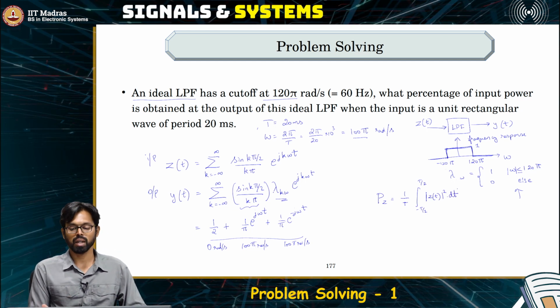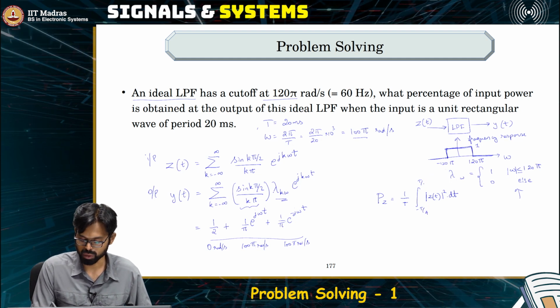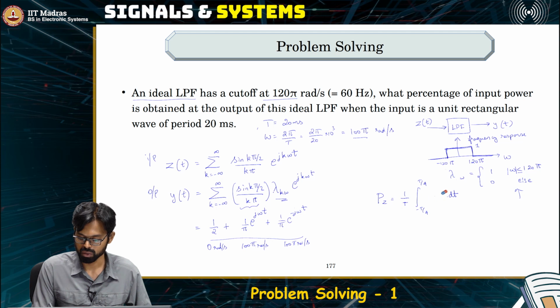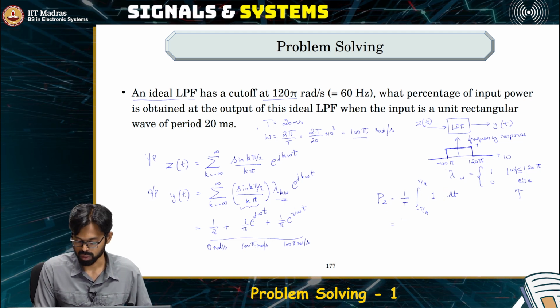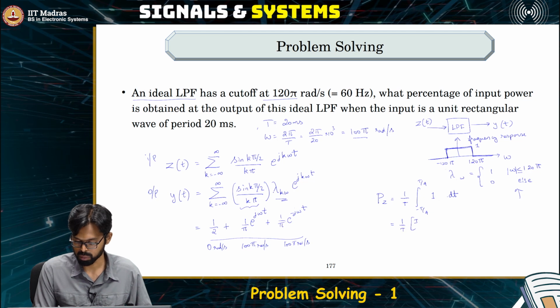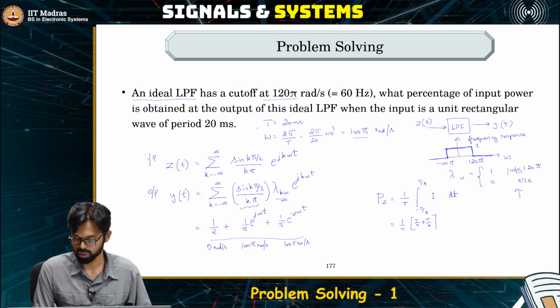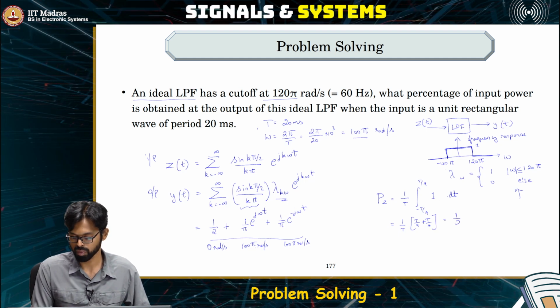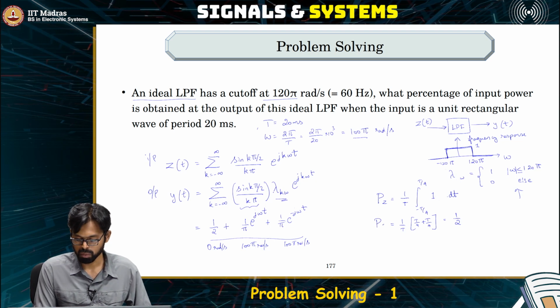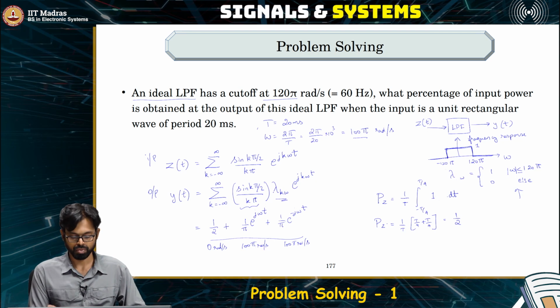This is a rectangular pulse, because of which it is 1 between minus T by 4 to plus T by 4, which means you just compute 1 by T times T by 4 plus T by 4, which is just half. So, the power of the rectangular wave is half.